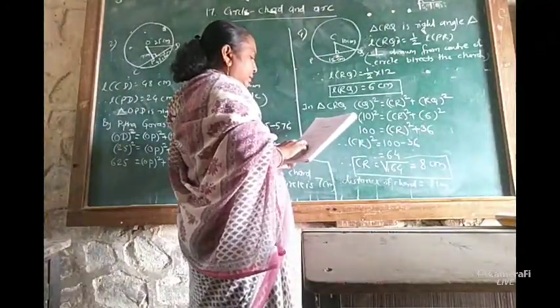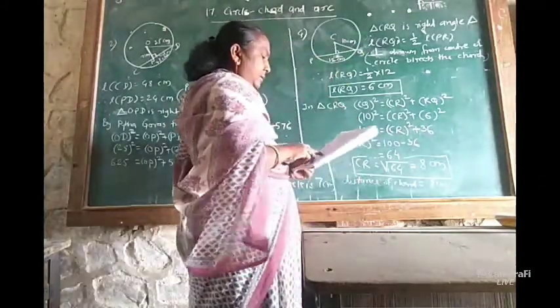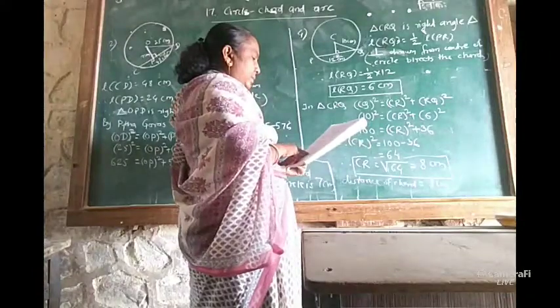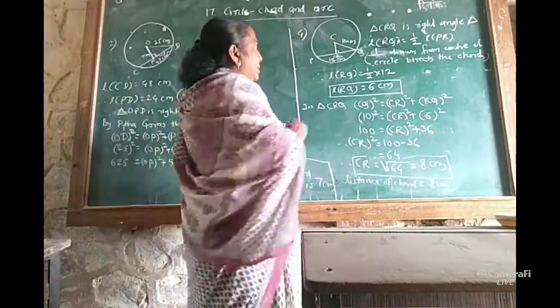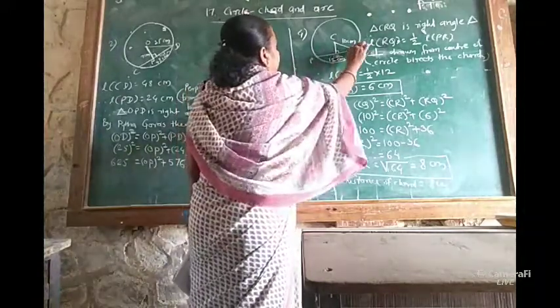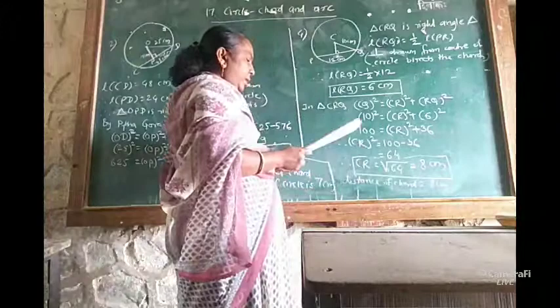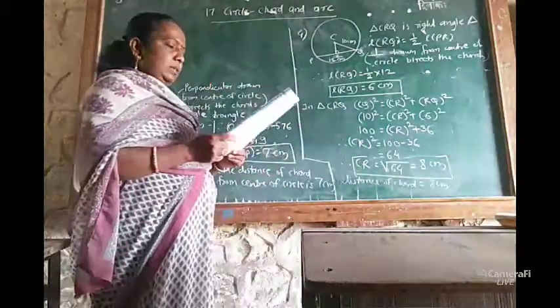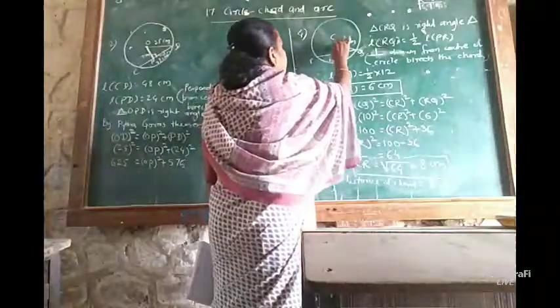They have given us the radius of the circle, so the value of CQ will be 10 centimeter. The length of PQ will be 12 centimeter. Now we have to find the distance of the chord from the center of the circle. That means we have to find the value of CR.